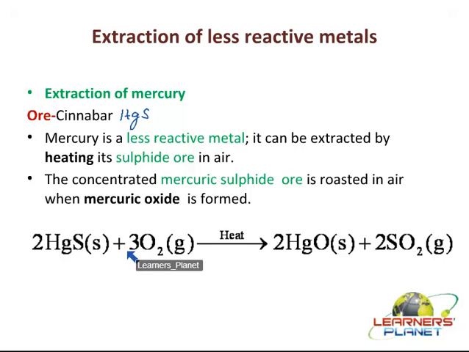So this mercuric sulfide is heated in the presence of lots of oxygen, giving mercuric oxide and sulfur dioxide. So in a way your sulfide has been converted to oxide.